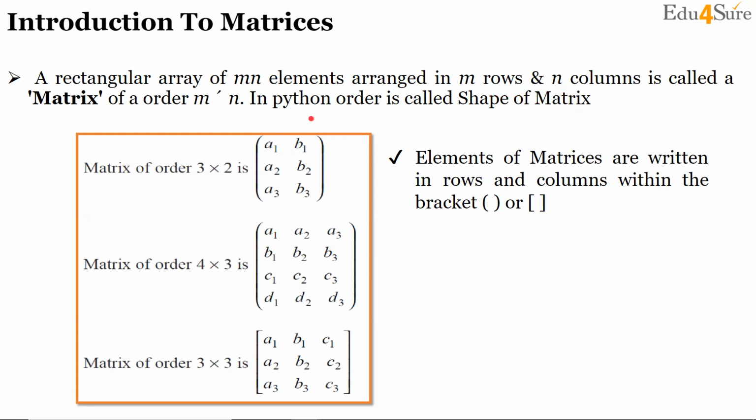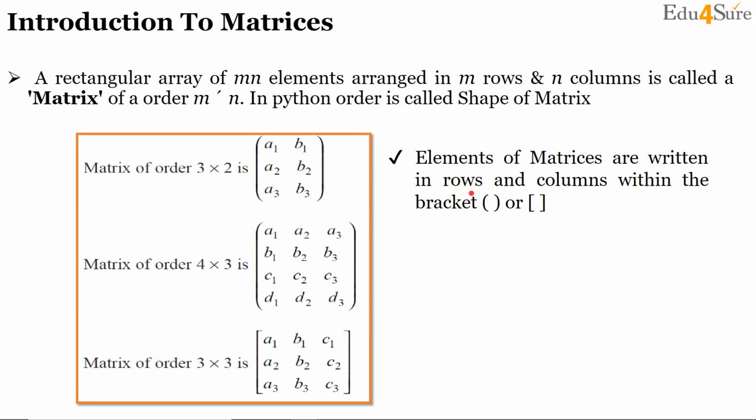In Python we call the order a shape of the matrix. The order of this matrix is 3 cross 2. 3 is your row and 2 is your column.